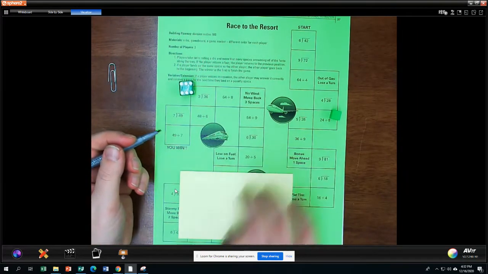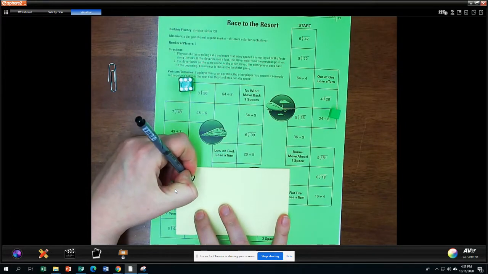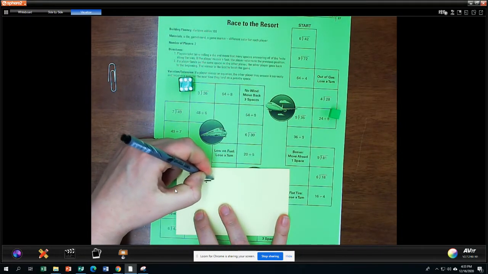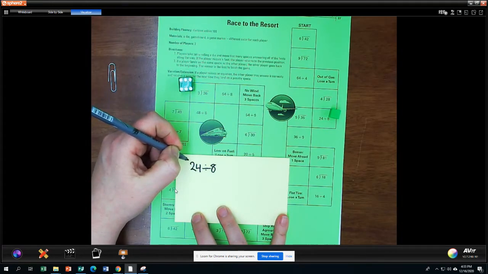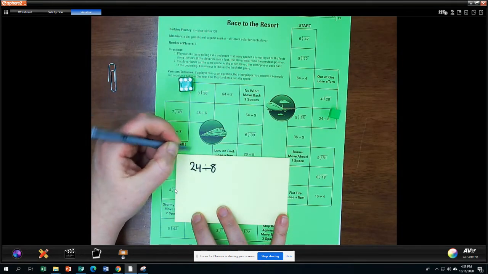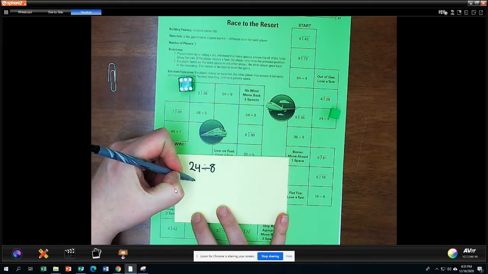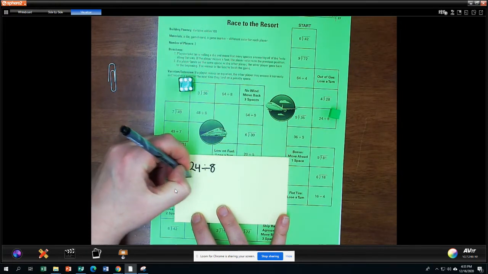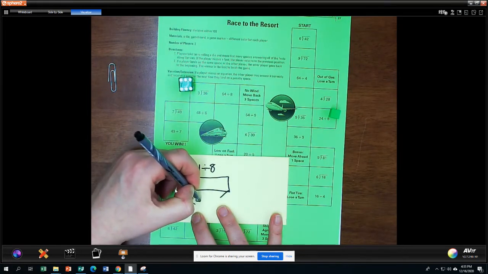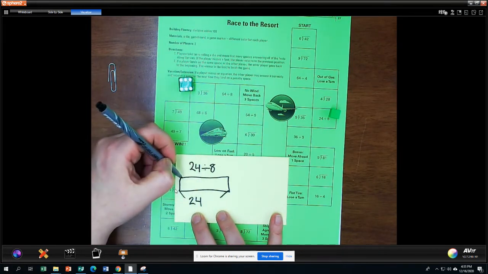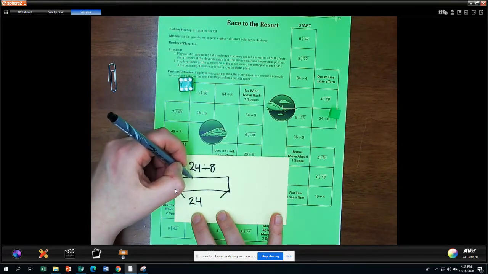And my problem is 24 divided by 8. Now remember, if I have a division problem, 24 divided by 8, there's all kinds of ways that I could solve that. I could use a tape diagram. And I could go, okay, so 24 is my whole number.